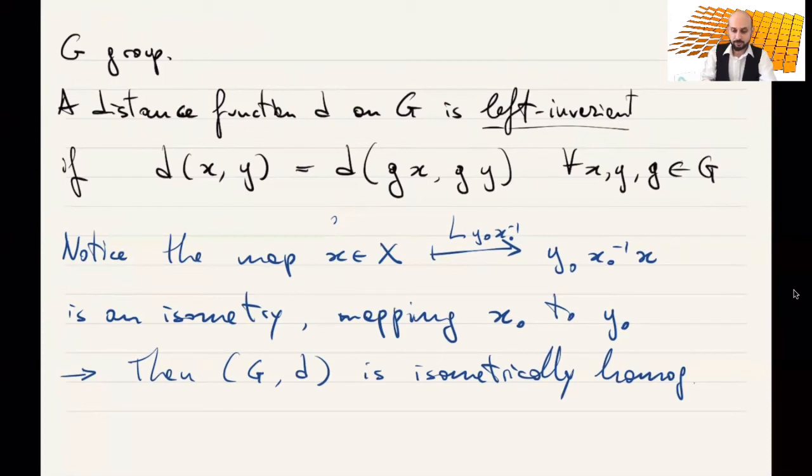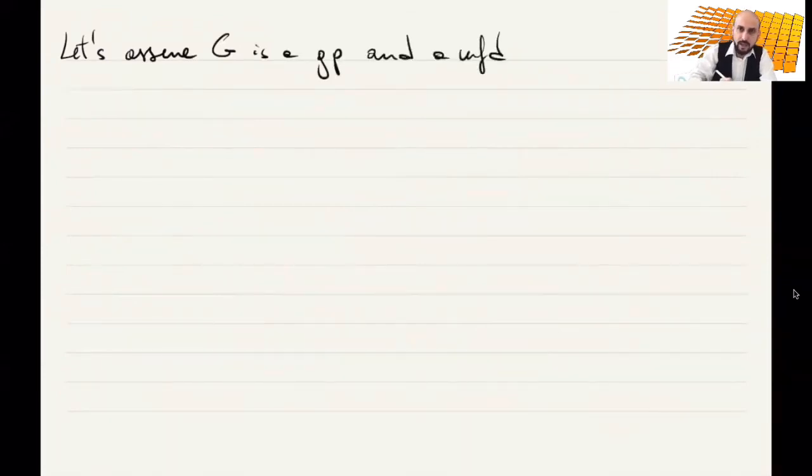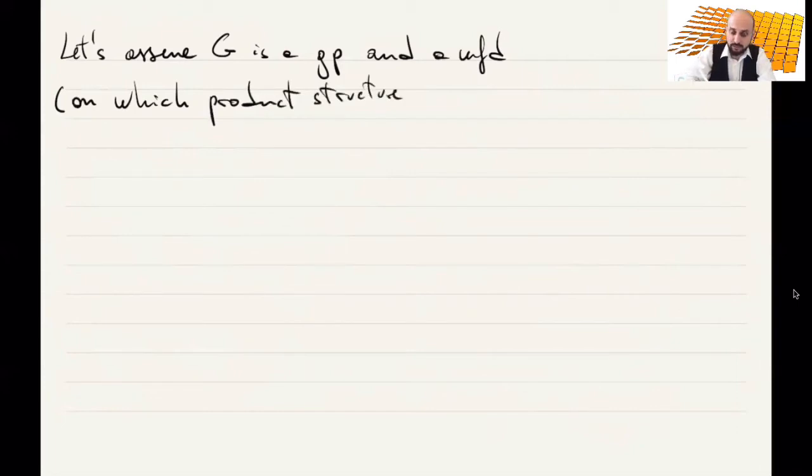Okay, let's continue the discussion on groups. Let's assume we have G a group, but also a manifold, with a structure compatible with the product law, so that multiplication and inverse are smooth as maps between manifolds.